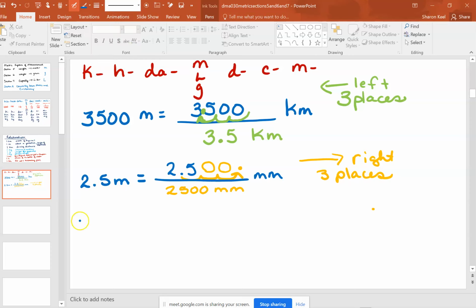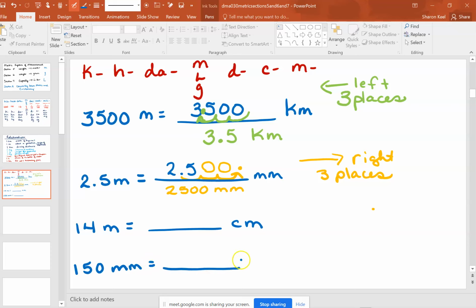Okay, let's do 2 more of these. Let's say we have 14 meters and we're going to convert to centimeters. And then I'm also going to do 150 millimeters and I'm going to convert that to centimeters.